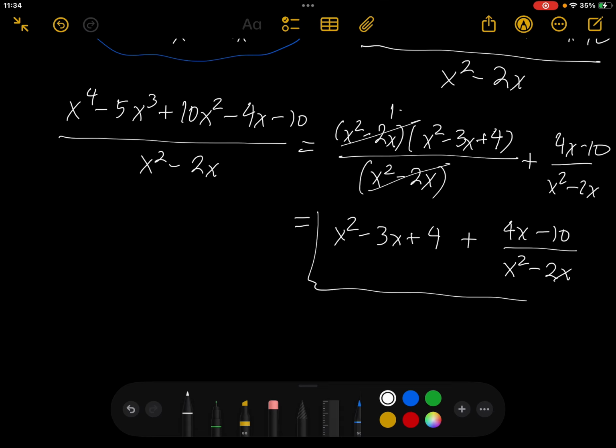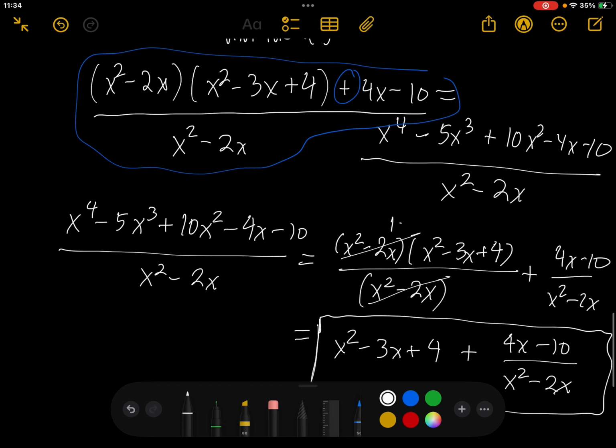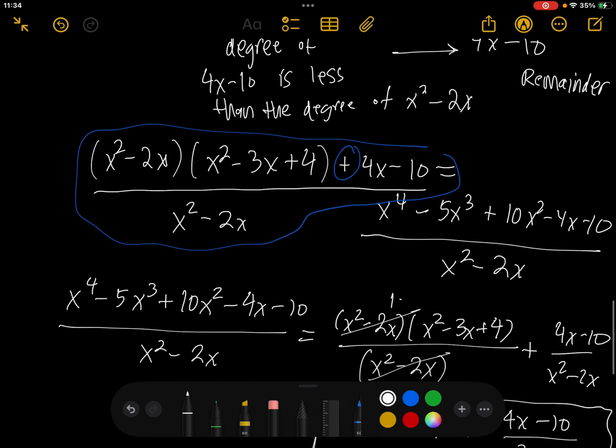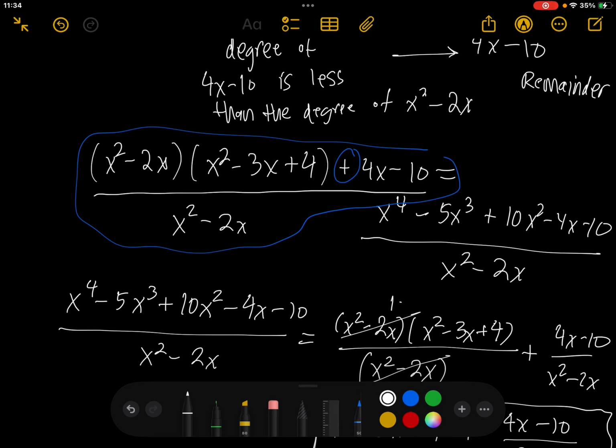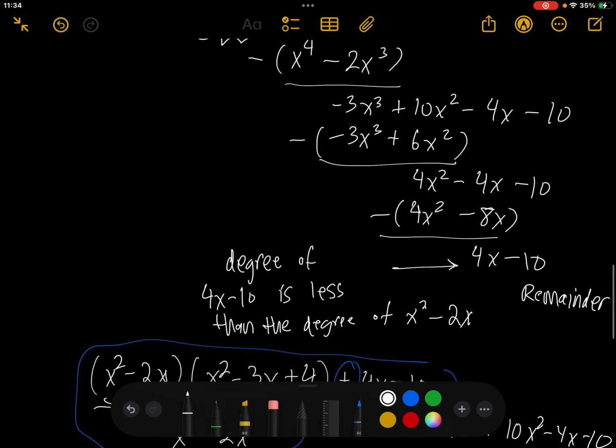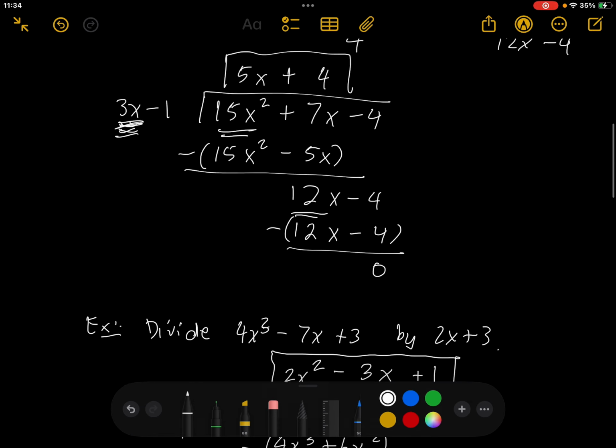And that is the answer. And you can check that it's correct: if you take this equation, distribute this product across, and then add 4x minus 10, you do in fact get the dividend. So let's review what we did.